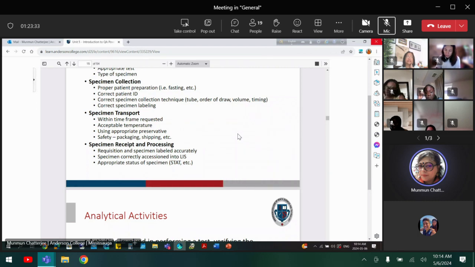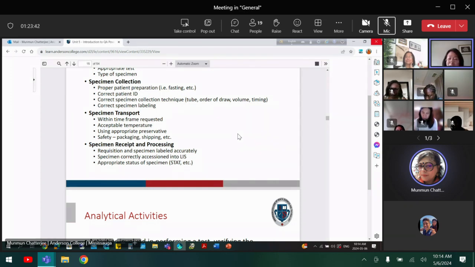Sorry, specimen. If the sample is collected at the clinical lab, you centrifuge the plasma after 15 minutes or the serum after 30 minutes.